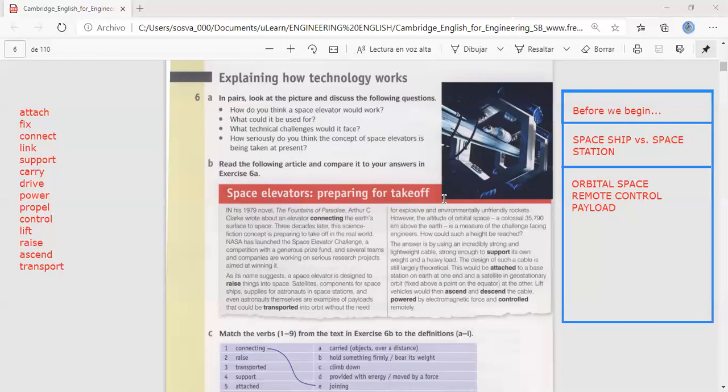This will be attached to a base station on Earth at one end and a satellite in geostationary orbit fixed above a point on the equator at the other. Lift vehicles would then ascend and descend the cable, powered by electromagnetic force and controlled remotely.